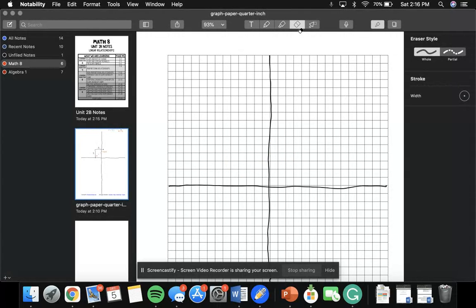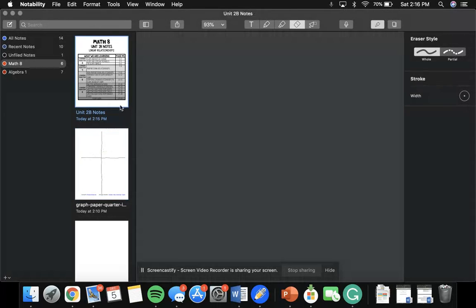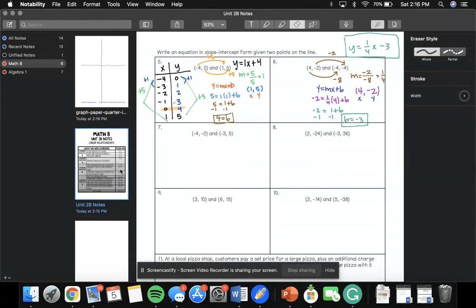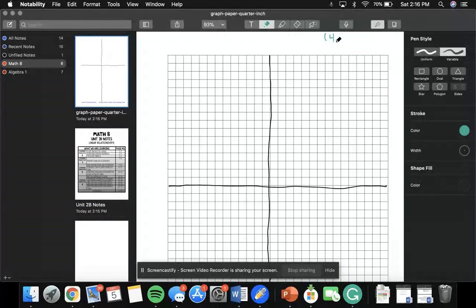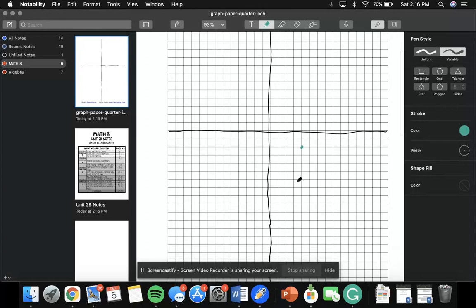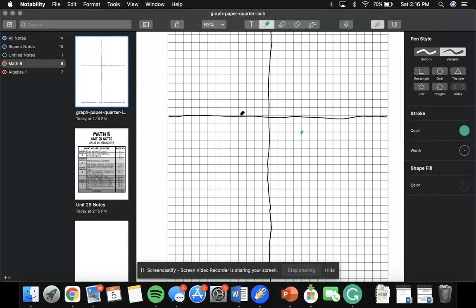Okay, so our two coordinates are (4, -2) and (-4, -4). So I'm going to go ahead and plot those points. So (4, -2) and (-4, -4). Okay, so we have these 2 points.